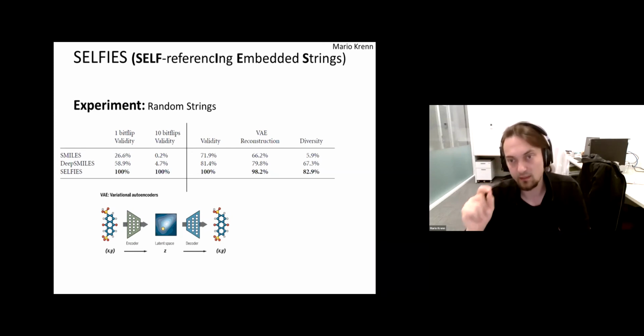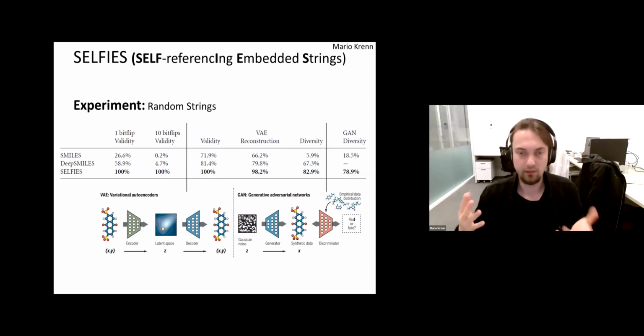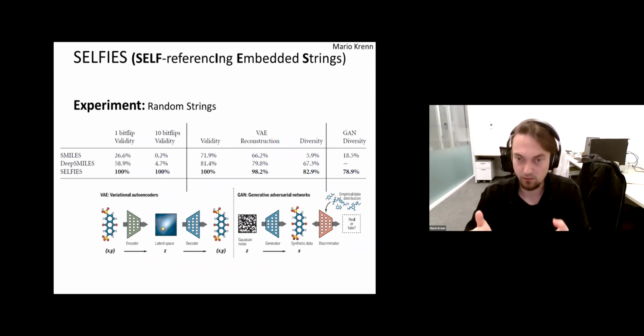And importantly, it has a much higher diversity than if we train it with SMILES. And we can not only use this representation for a variational autoencoder, but it's totally independent of the model. So we can also apply it to generative adversarial networks. And here, again, the diversity of the GAN is much higher if we train it with SELFIES.